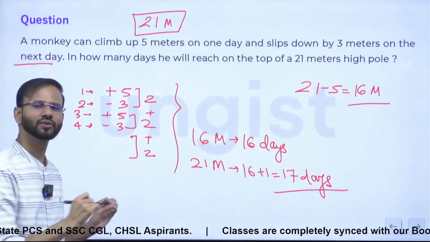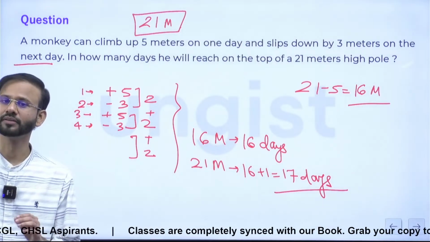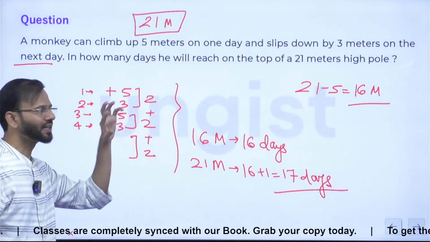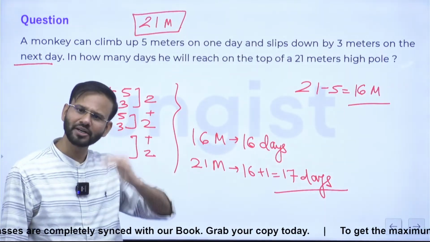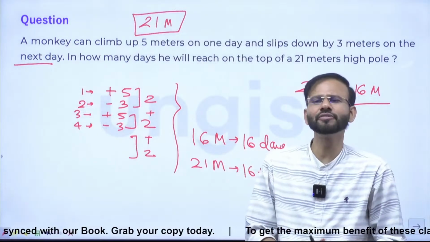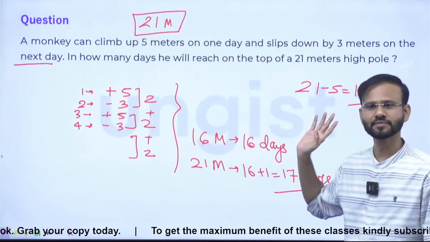Guys, is it clear or not? Okay, see, effectively he is climbing up 1 meter in 1 day, actually. 2 meters in 2 days, 4 meters in 4 days, 6 meters in 6 days, so effectively 1 meter in 1 day, right? So for 16 meters, he will take 16 days.